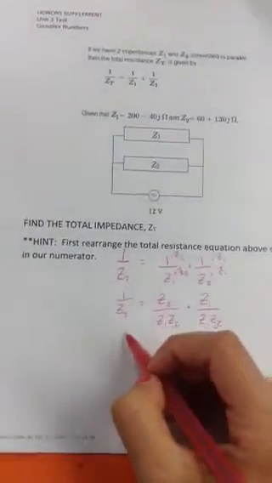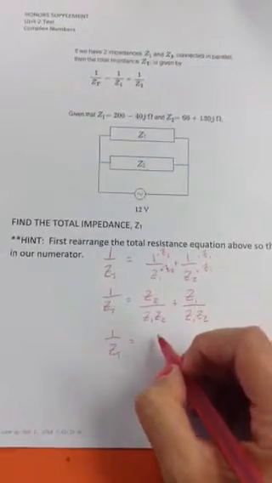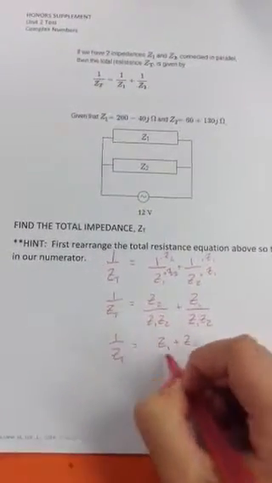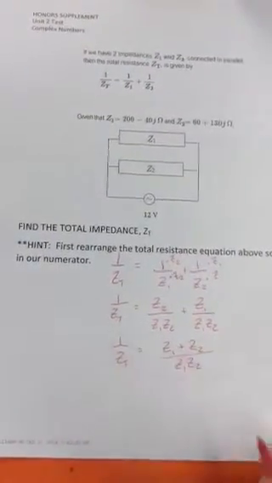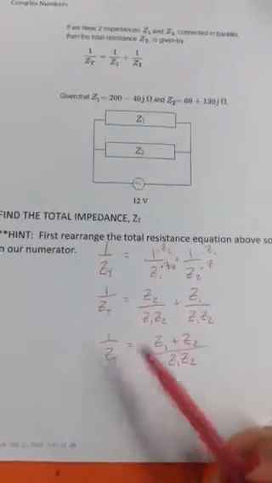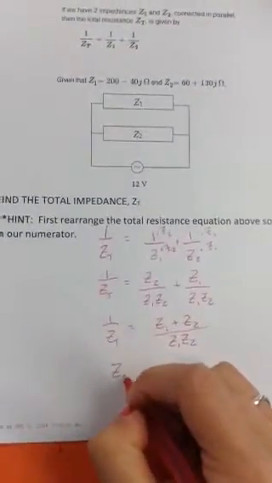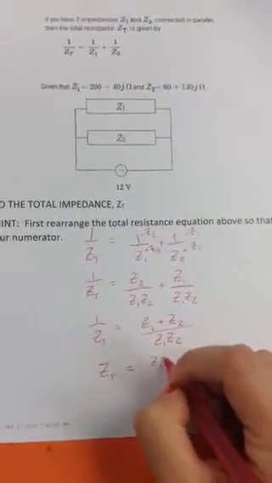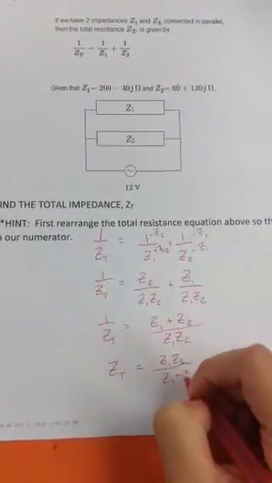So now my fractions can combine, and I have Z1 plus Z2 all over Z1 Z2. So now if I want ZT, I can take the reciprocal of both sides, and I get ZT over 1, which I don't really need, is equal to Z1 Z2 over Z1 plus Z2.